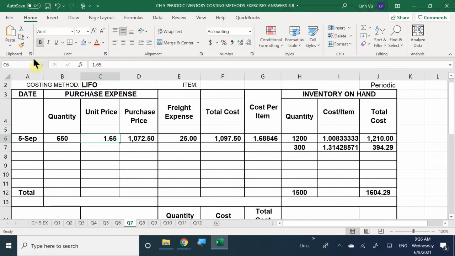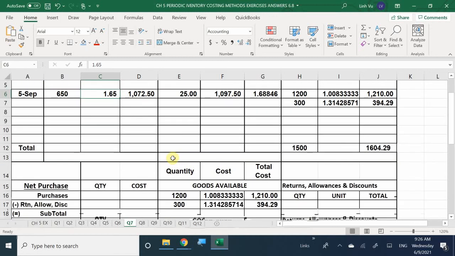So that would change a lot. It would change your purchase price to 1,072.50 plus $25, which gives you a total of 1,097.50, which then brings your total cost per item to $1.68846.